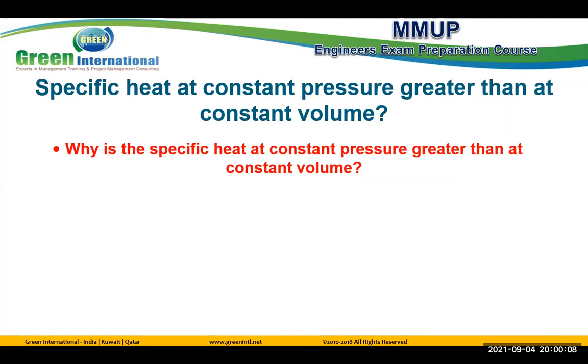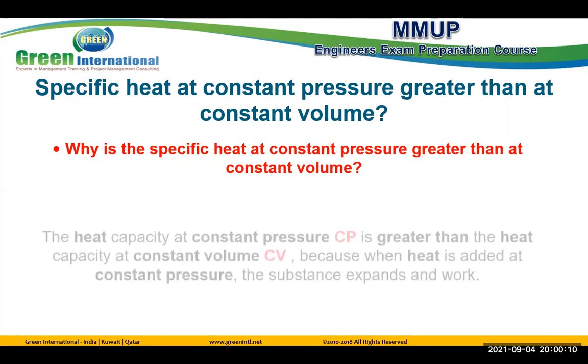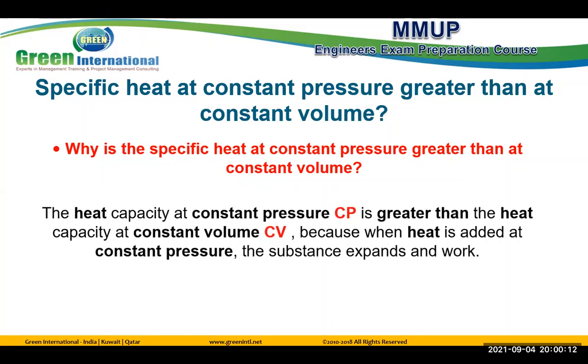We have expansion also, so it is accounted for as the work obtained. So this is included in Cp. This is the reason Cp is greater than Cv. The heat capacity at constant pressure is greater than Cv because when heat is added at constant pressure, the substance expands and does work.